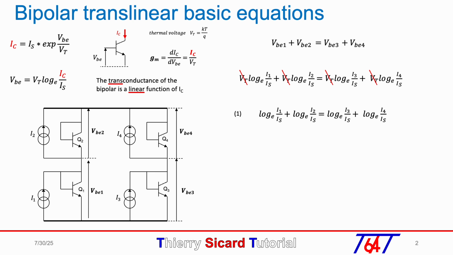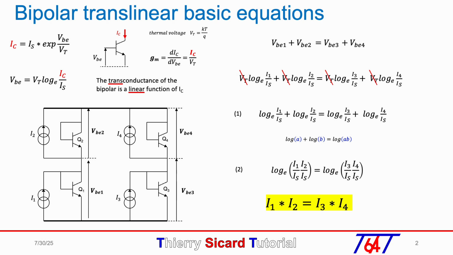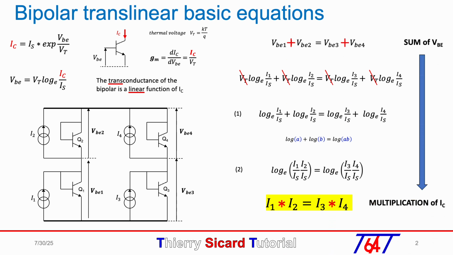Recall the main logarithm function: log of A plus log of B is equal to log of AB. Equation 1 can be written as equation 2. Equation 2 is solved if I1 times I2 is equal to I3 times I4. In conclusion, the sum of the closed loop voltages is equivalent to multiplying the currents.